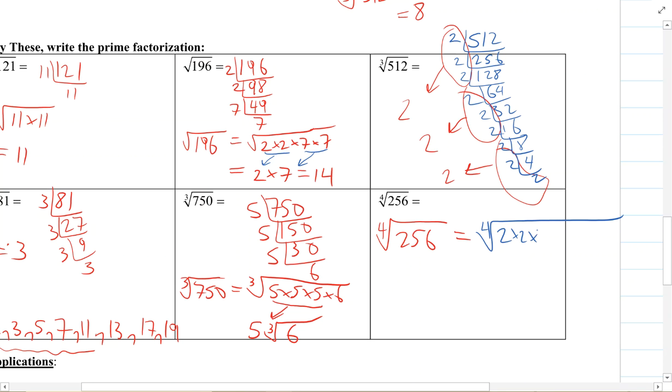So group of 4, pull it out. Group of 4, pull it out. So I get 2 times 2. The fourth root of 256 equals 2 times 2, which is 4. So there's your answer.